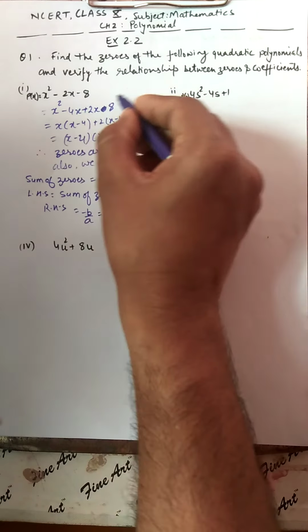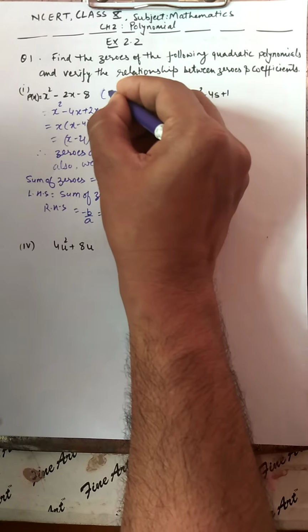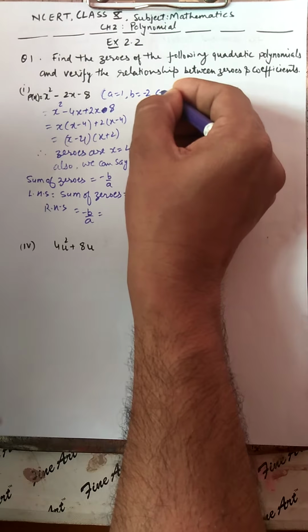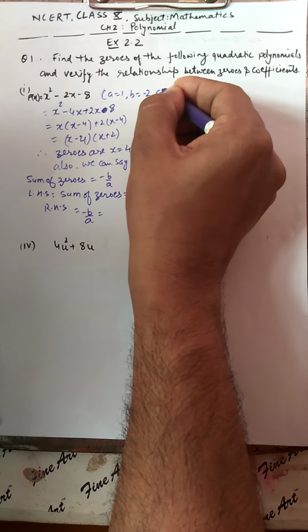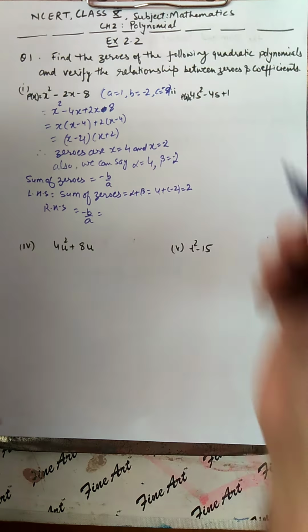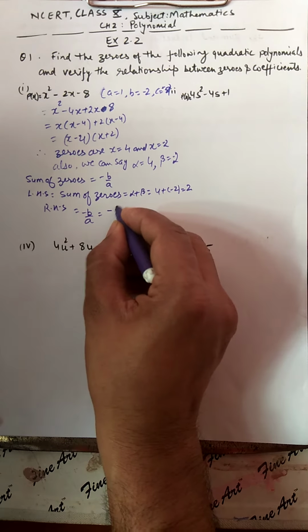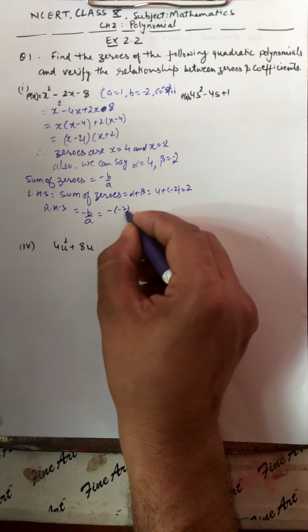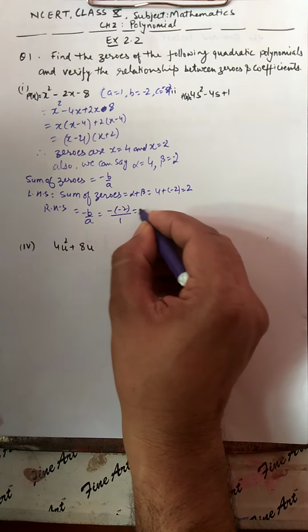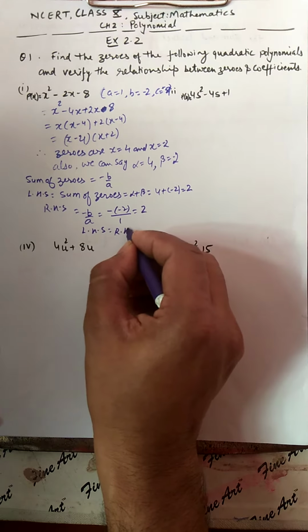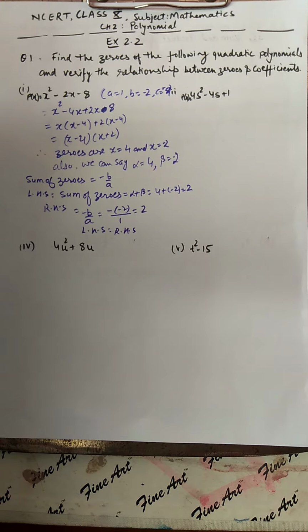From here we can see a equals 1, b is minus 2 and c is minus 8. So b is minus 2 and a is 1, so this is 2. Therefore LHS is equal to RHS. So we have verified our first relation, the sum of zeros equal to minus b by a.